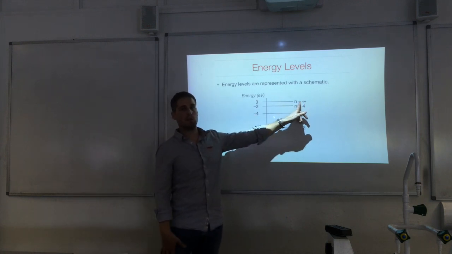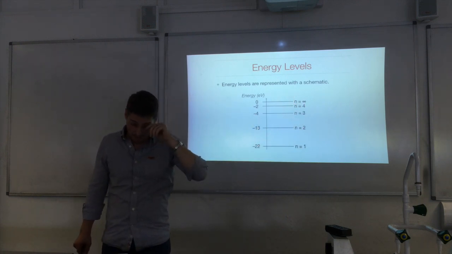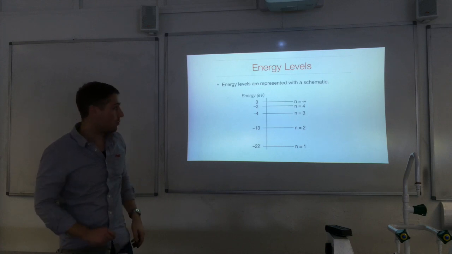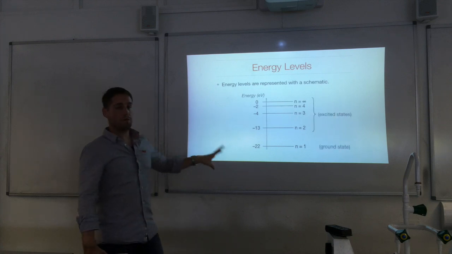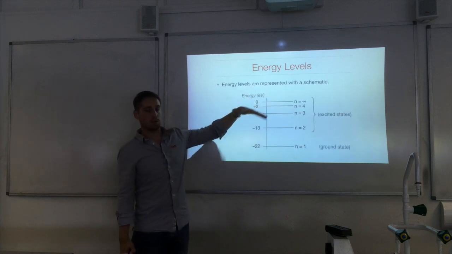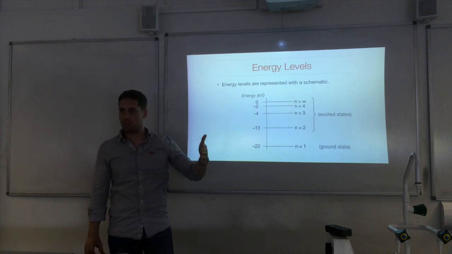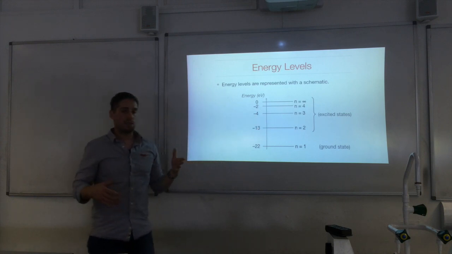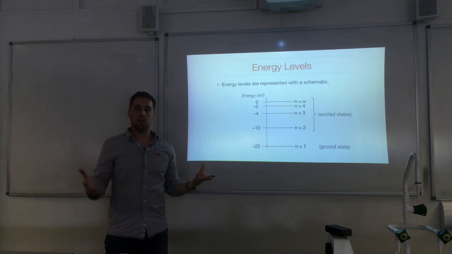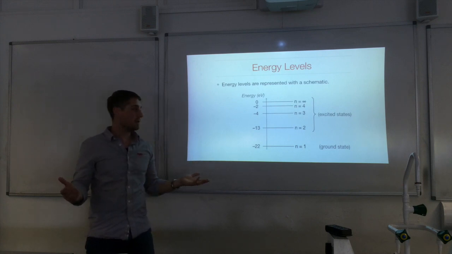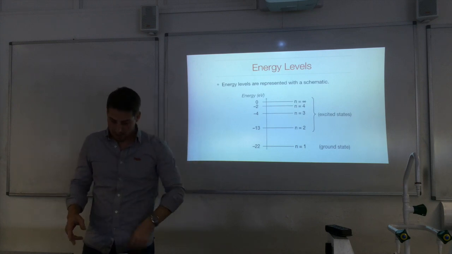And this top one is n equals infinity. The lowest level is called the ground state, and all of the other energy levels above that are the excited states. So this is like to say, if something has got more energy than it normally would have, it's excited, because why not?